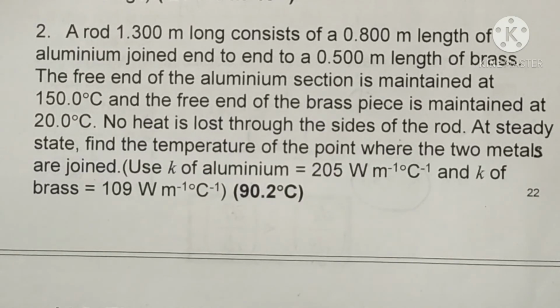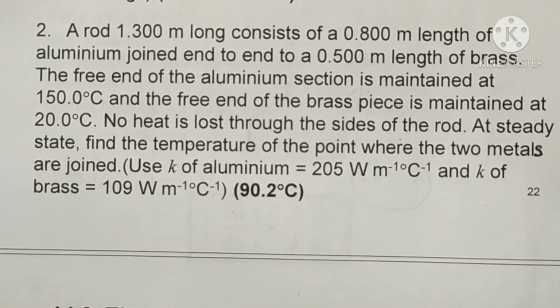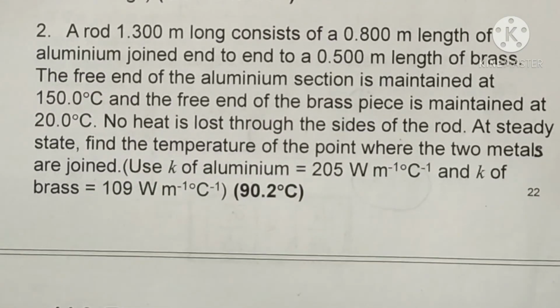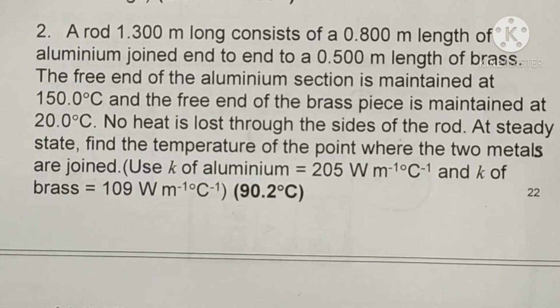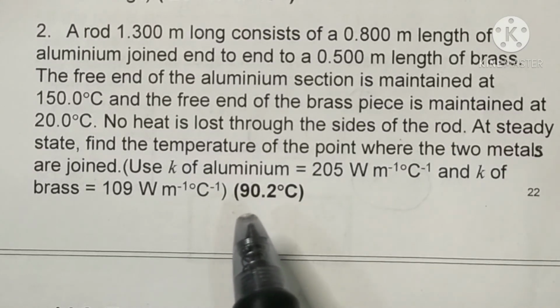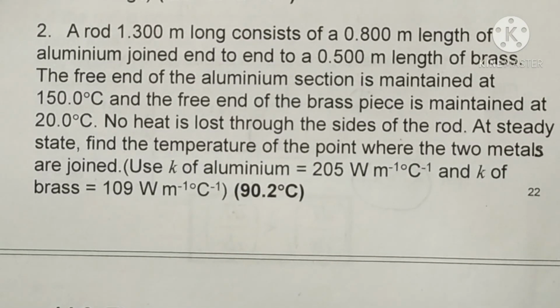At steady state, find the temperature of the point where the two metals are joined. Given the thermal conductivity for aluminium is 205 watt per meter per degree Celsius and for brass is 109 watt per meter per degree Celsius, the final answer is 90.2 degrees Celsius.